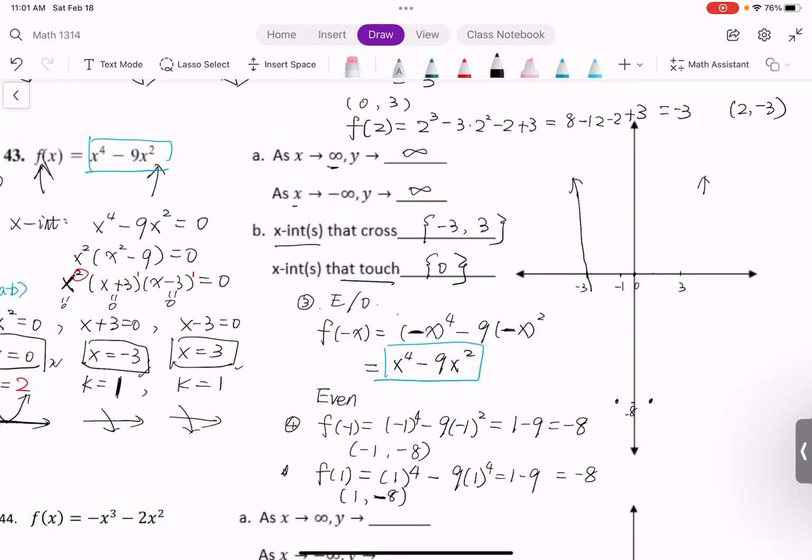Okay, so let's connect them. At x equals -3, go cross, and then let's draw again. So go cross, and then we need to cross the key points here.